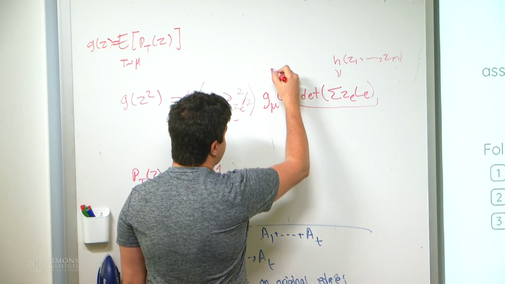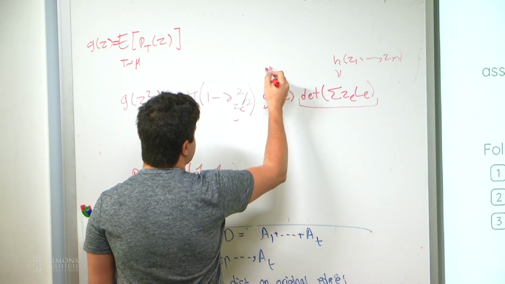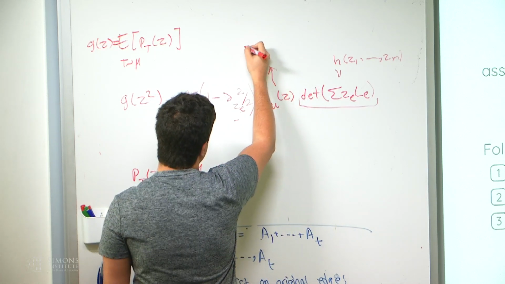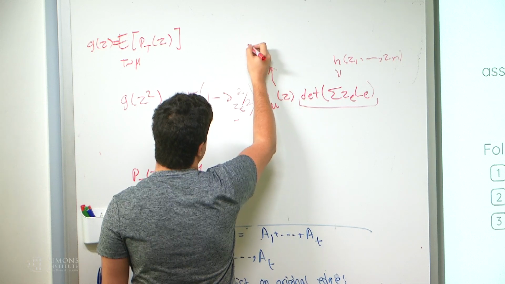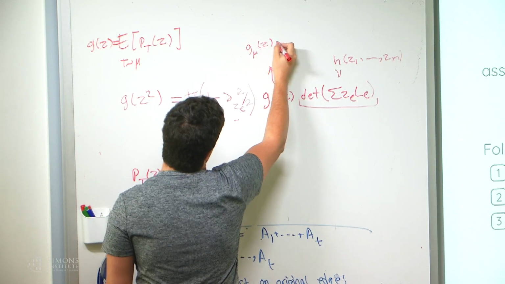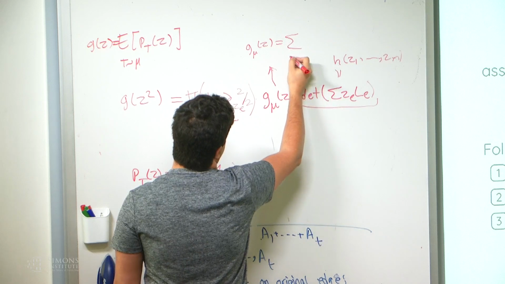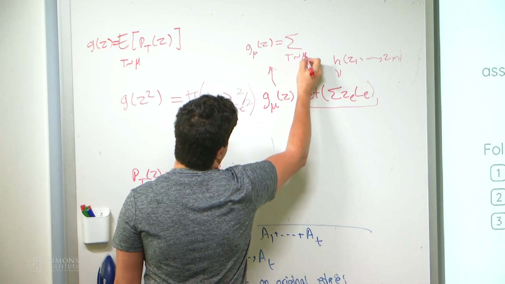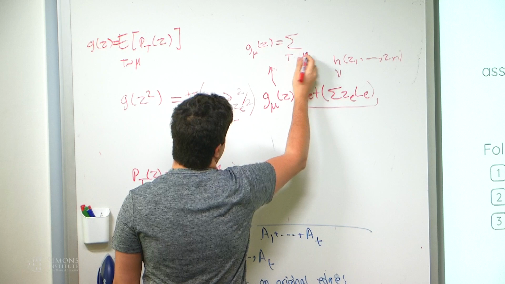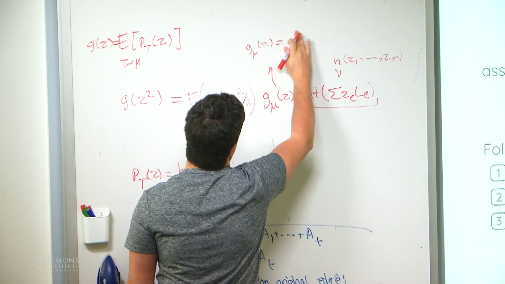This polynomial is encoding your distribution mu. So it's basically this V_mu of Z, the sum over all spanning trees, so let me write it this way.